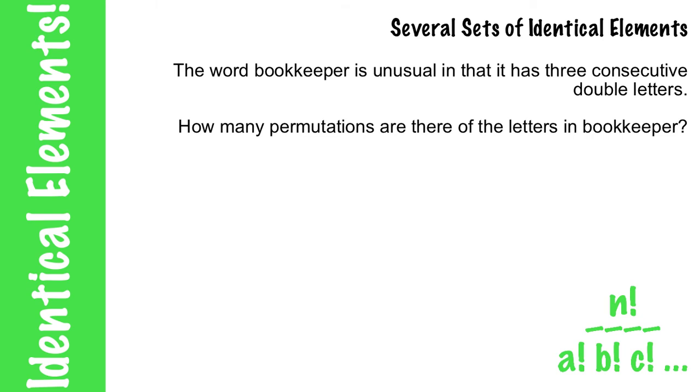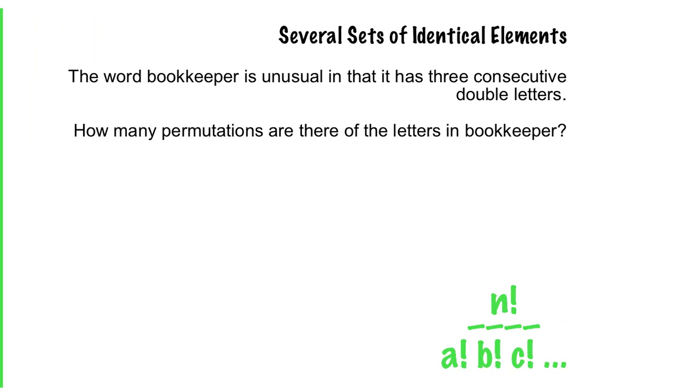So far we've looked at just taking out 1 repetition. In this example, the word bookkeeper is unusual in that it has 3 consecutive double letters. So how many different ways can you arrange the letters in bookkeeper?